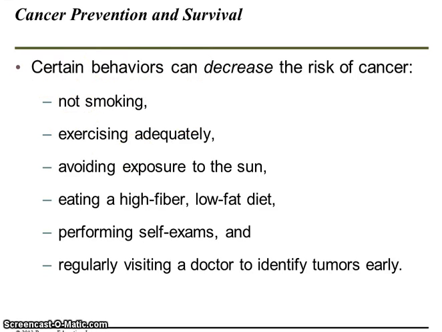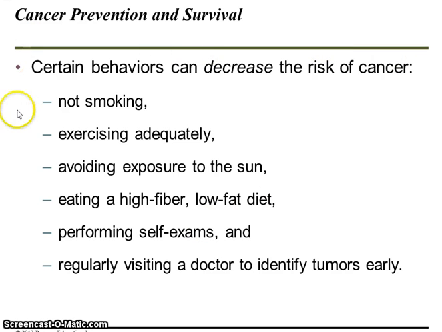Lung cancer, generally 80% to 90% of people who get lung cancer were smokers. Adequate exercise, avoiding exposure to the sun, a healthy diet, performing self-exams, and visiting doctors to get tumors identified early. If you can identify them when they're smaller, before they've spread, you have a much better chance of survival.